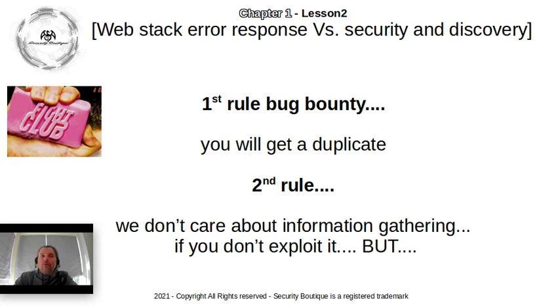Everybody thinks about it as just the versioning of a service, and I think a lot has changed historically since we got bug bounty. So the first rule of a bug bounty is you'll get a duplicate, but the second one is: we don't care about information gathering if you don't exploit it.